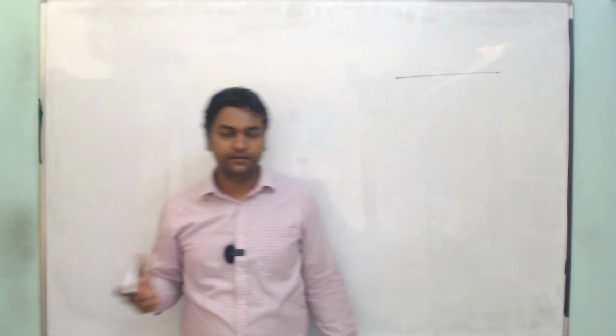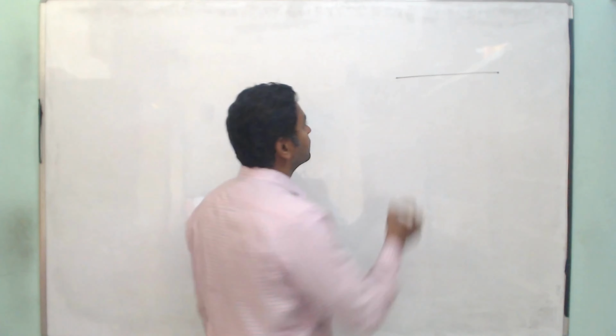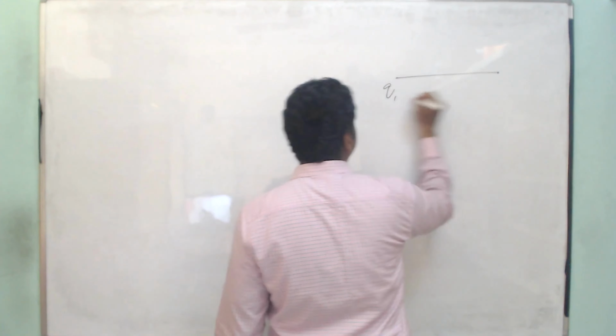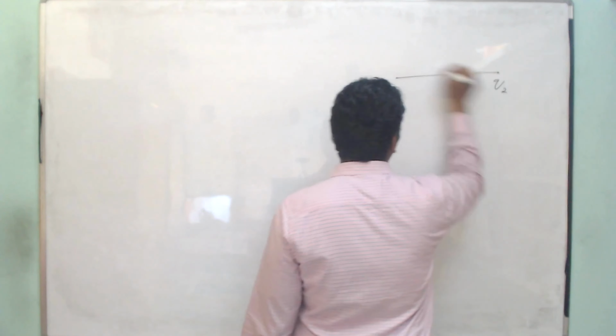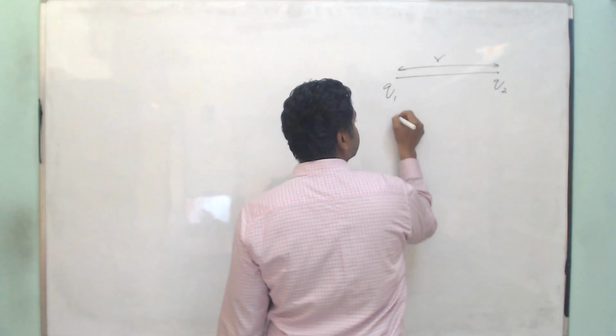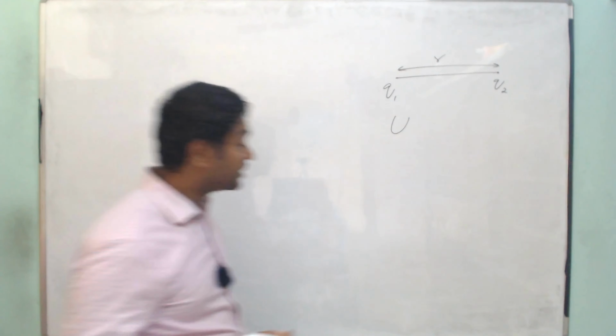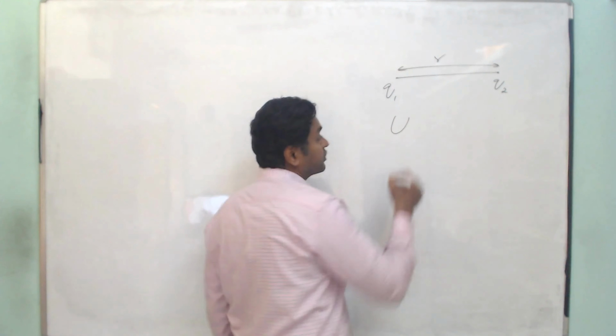The potential energy and work done story that we had was simply: if we have two charges Q1 and Q2 at a distance of r, we can say that the electrostatic potential energy of this system is nothing but the work done to bring the charge Q2 from infinity.